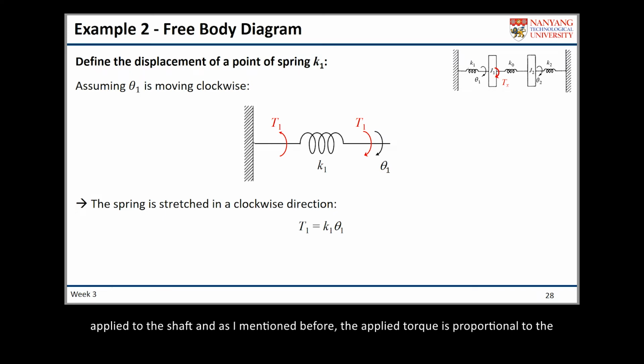And as I mentioned before, the applied torque is proportional to the relative angular deformation of the shaft, theta 1. So tau 1 is equal to K1 times theta 1, where K1 is the spring constant of the shaft K1. So we have already analyzed the first element, spring K1. Now we can move to the next element.